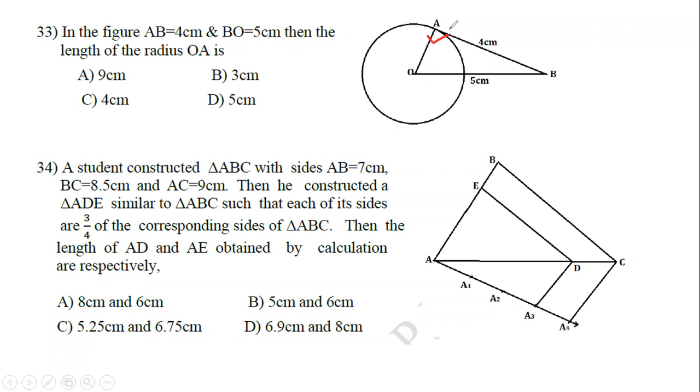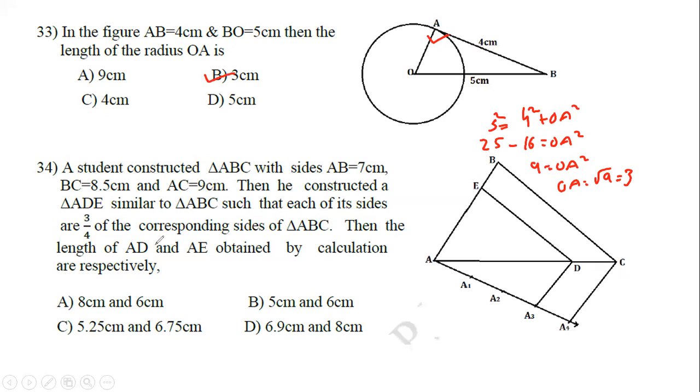This is 90 degree. So 5 square is equal to 4 square plus OA square. 5 5s are 25 minus 16 is equal to OA square. 25 minus 16 is 9 is equal to OA square. OA is equal to radius is equal to how much? Square root of 9, which is equal to 3. So which option is right?